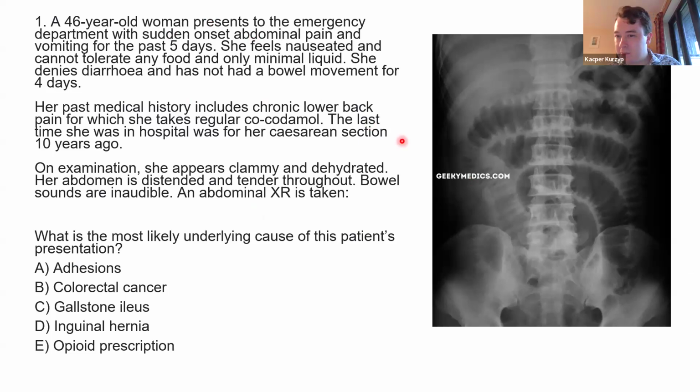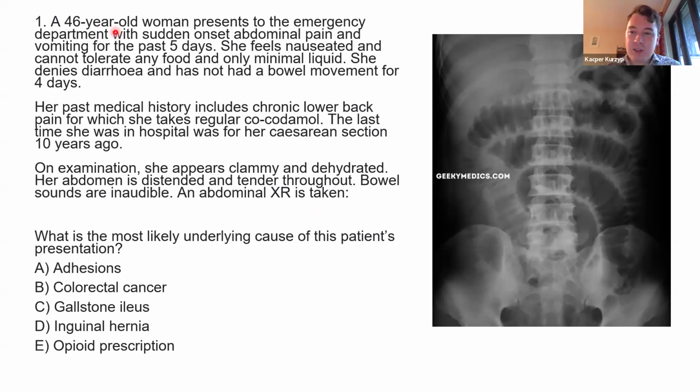Any volunteers? Adhesions. Very good, very good. So yeah, questions in the AKT are likely to require a two-step process.